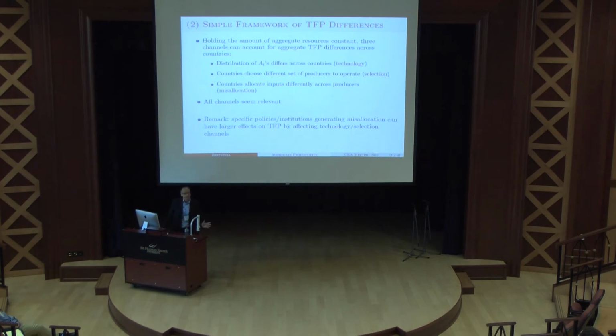And then finally, it may be that even if you have the same distribution of productive units in the economy, and you have the same productive units operating, so the kind of technology set that is operating in this economy is exactly the same, the countries allocate the factors of production differently, just like in the two types of misallocation I showed you earlier. And we call that misallocation.